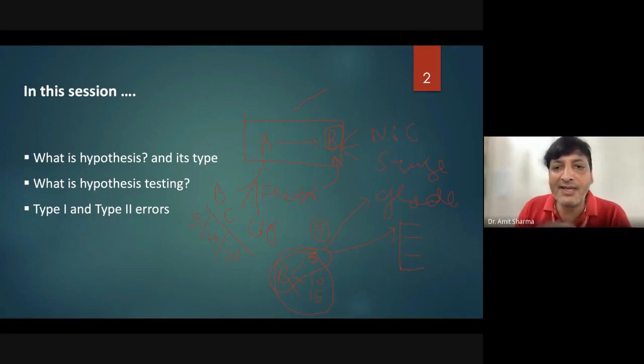So just by saying that A is causing B is not sufficient. That means you have to explore multiple things inside the hypothesis that you are going to quote. So what do you mean by hypothesis testing? Hypothesis testing means these things which I have discussed, that we don't just want to prove that A is causing B. We have to justify in more depth, so that we have the answer that if a person is smoking 10 cigarettes in a day, then what type of cancer will he suffer from.